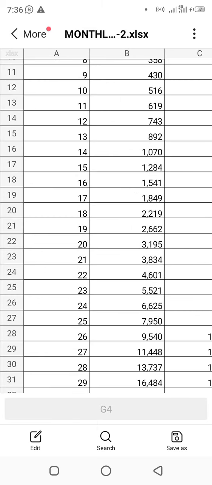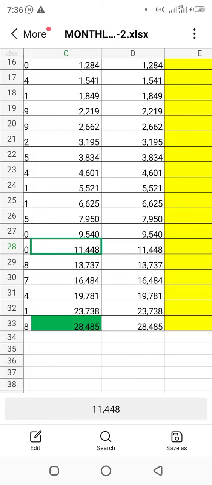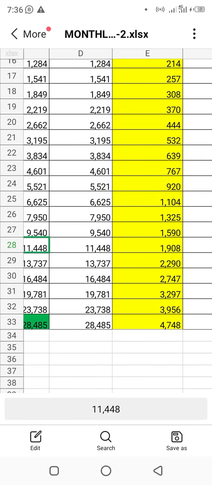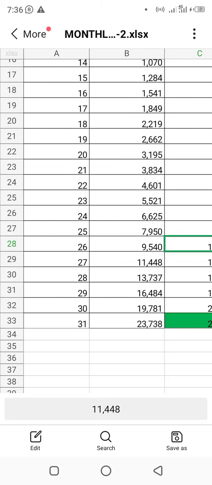Then look at day 30. At day 30 you're already climbing to $19,781, and at the 30th day, your profit for the day is $3,956.